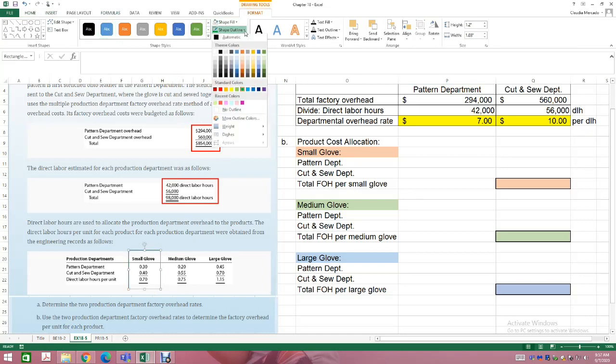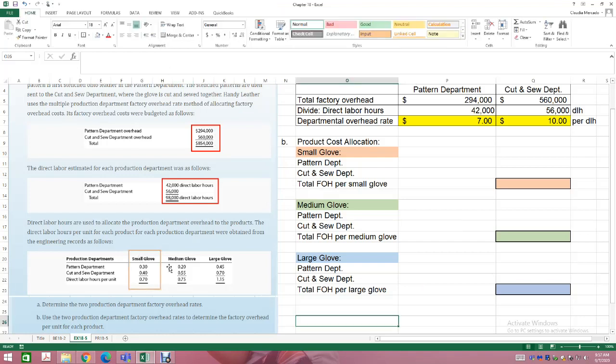The small glove is this color. So we're looking at the small glove data, right there. We're going to look at the pattern department. To make a small glove, they spend 0.30 direct labor hours in the pattern department.